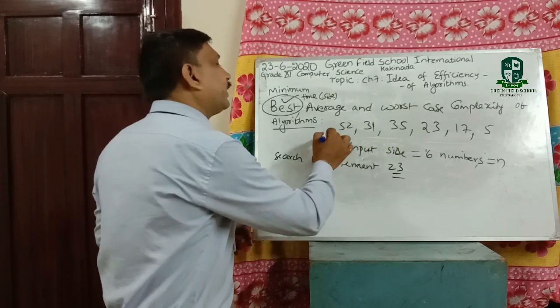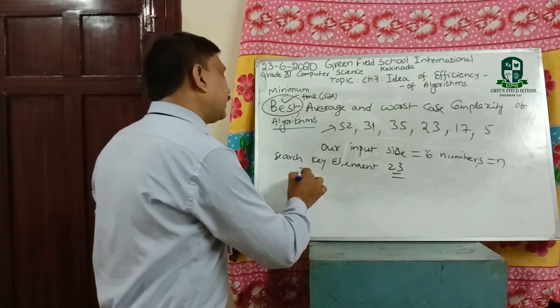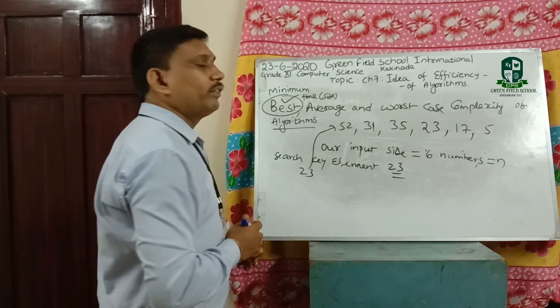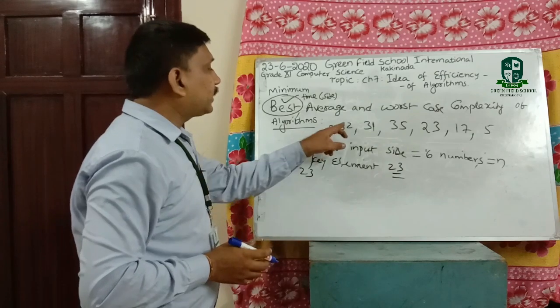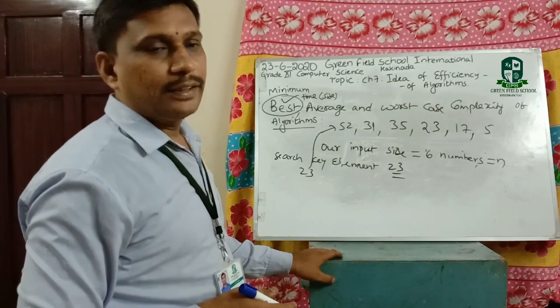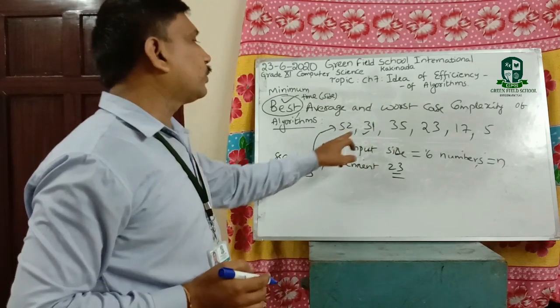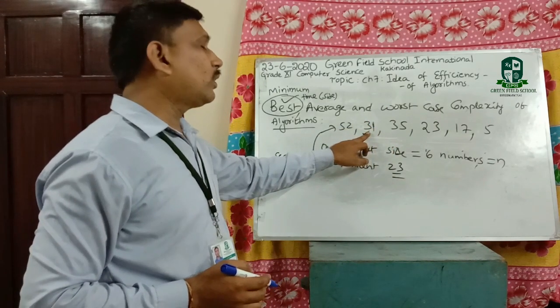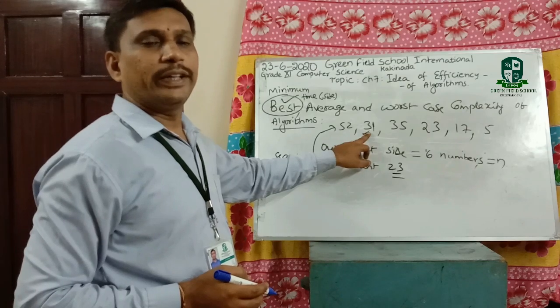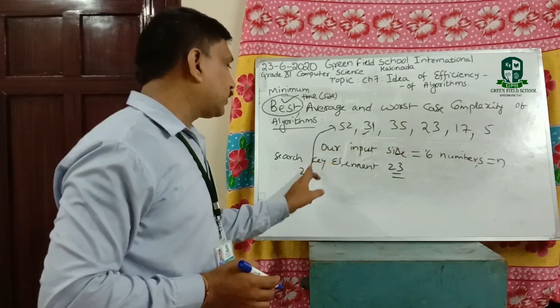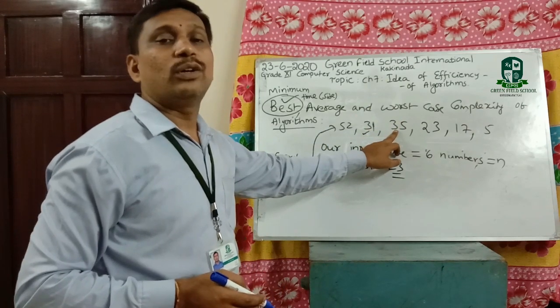First I compare 23 with the first number 52. The key is not found here. Then again I compare 23 with the second number 31. Here also the key is not found. Then again I compare 23 with 35. Here also it failed.